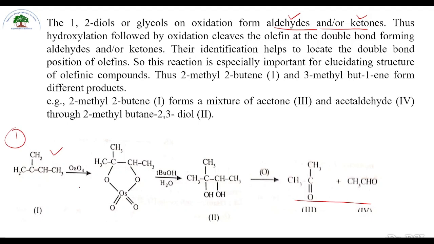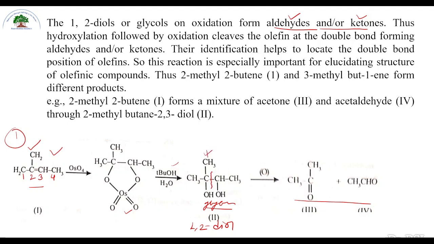Here, this is 2-methyl-2-butene, carbons 1, 2, 3, 4. Upon reaction with osmium tetroxide, this osmate ester is formed, and further reaction with tertiary butanol and water, we get this glycol, or we can say 1,2-diol. This 1,2-diol, upon oxidation, the bond between these two carbons breaks.